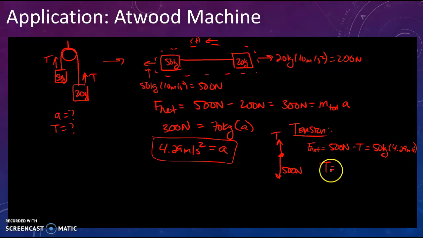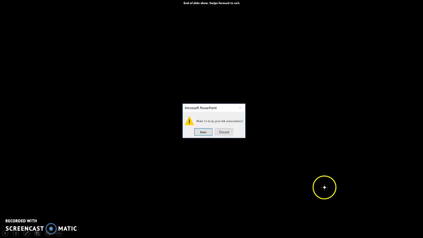And rearranging a little bit, we get tension is going to be equal to 500 newtons minus 214.